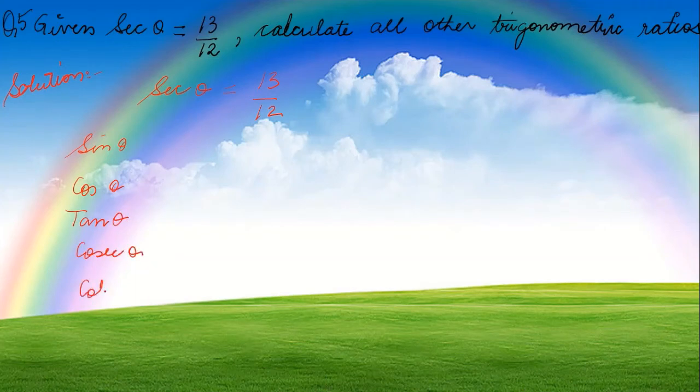So all these we want to calculate. So first of all, sec theta is the reverse of cos theta. So it will be hypotenuse upon base. Okay, now first draw like this.